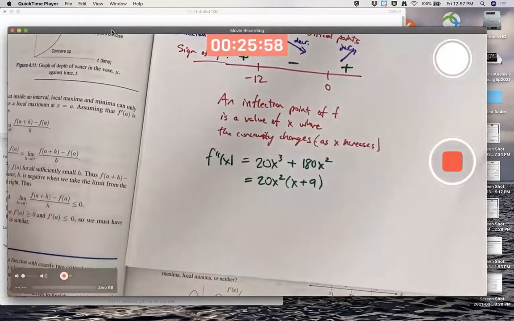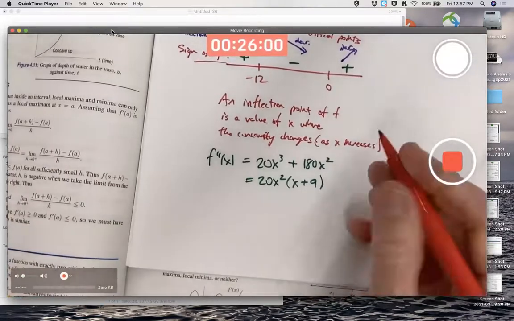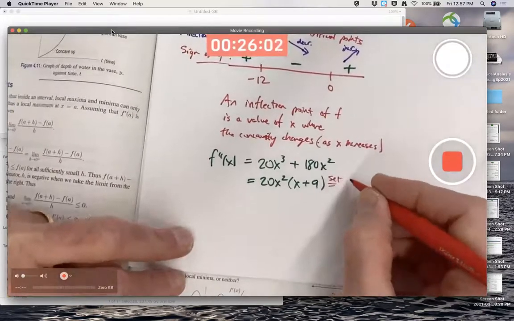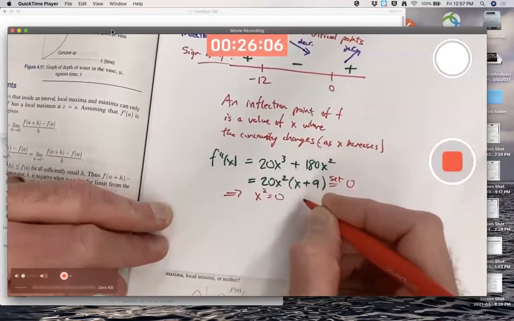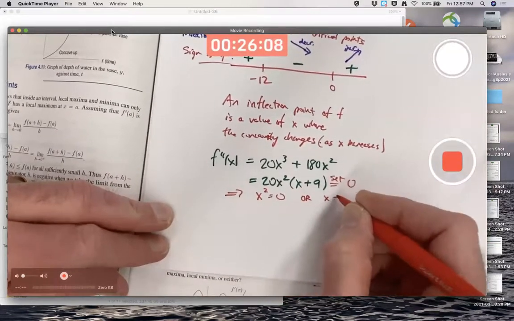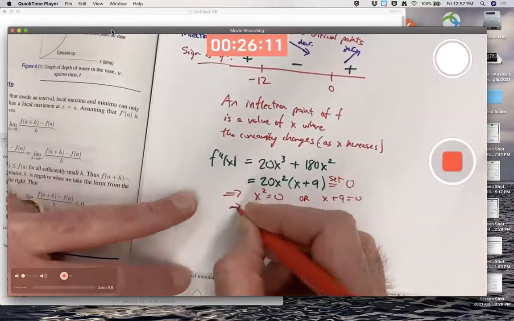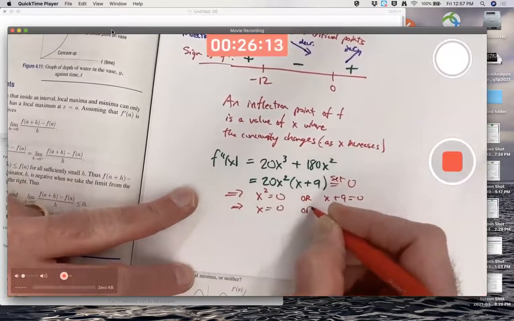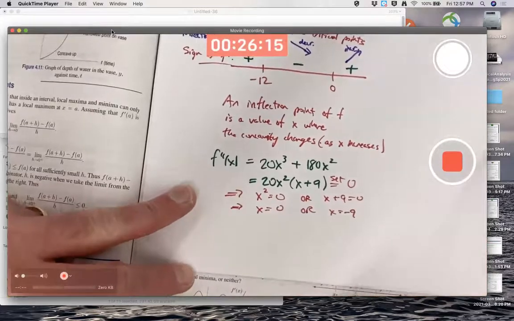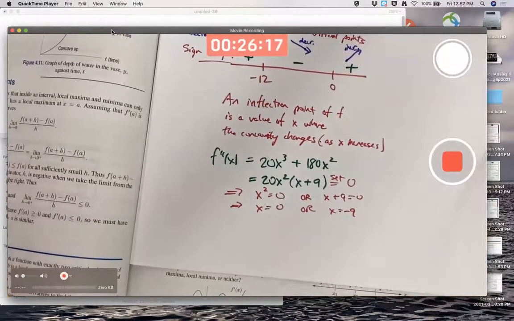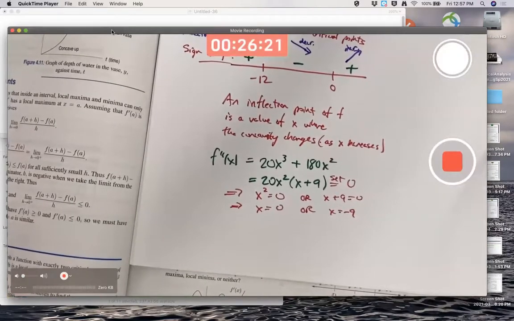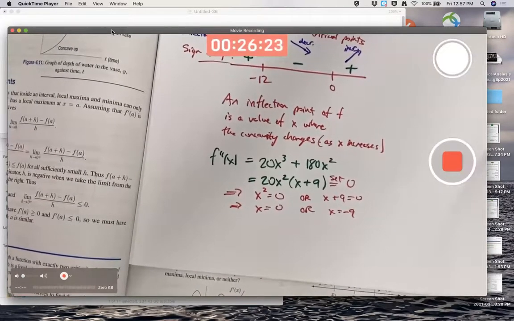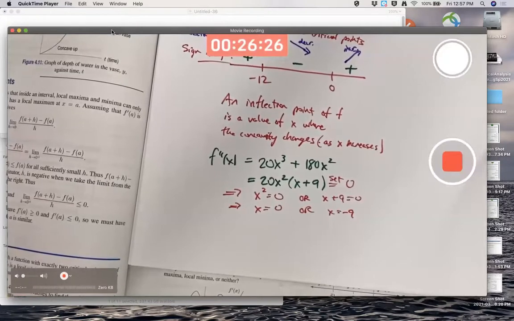Once again, set this equal to 0 and solve for x. x squared is 0 or x plus 9 is 0, which means x itself is 0 or x is negative 9. Are these guaranteed inflection points? Actually not. The second derivative truly does have to change sign at these for them to be true inflection points.